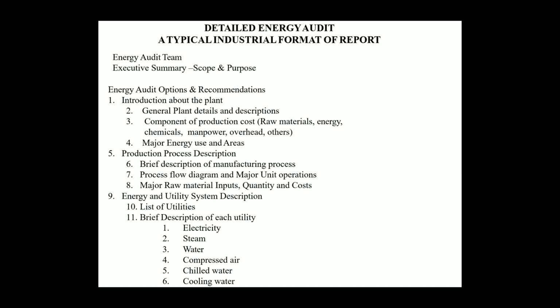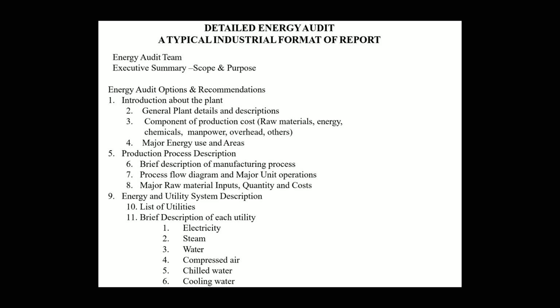After doing the energy audit, the energy auditor prepares a report regarding the industry. The first is the introduction about the plant, the second general plant details and description, third components of plant cost, that is raw materials, energy, chemicals, manpower, overhead, others.